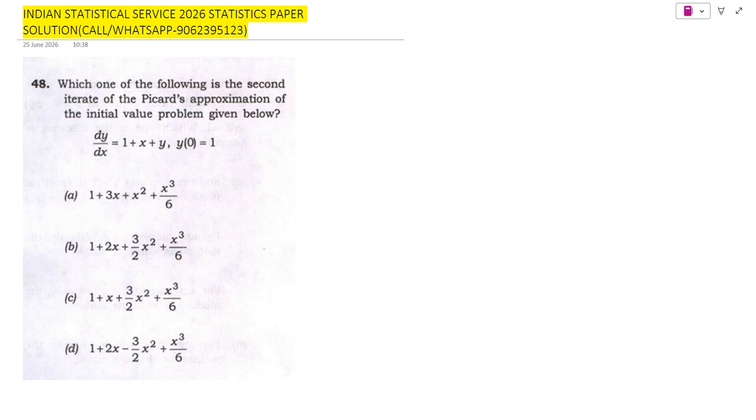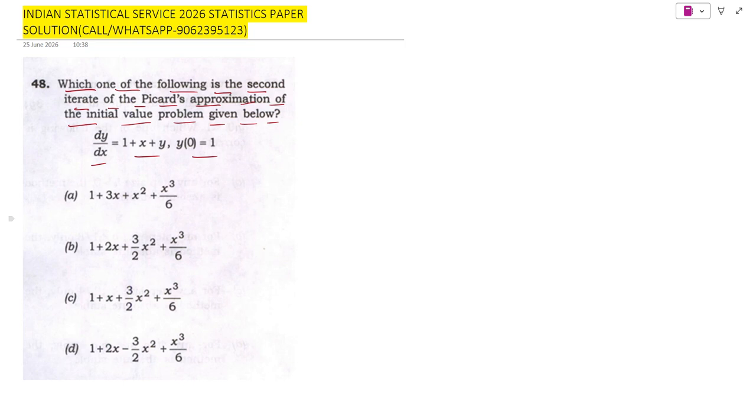The question is: which one of the following is the second iterate of the Picard's approximations of the initial value problem given below? dy/dx = 1 + x + y, y(0) = 1.